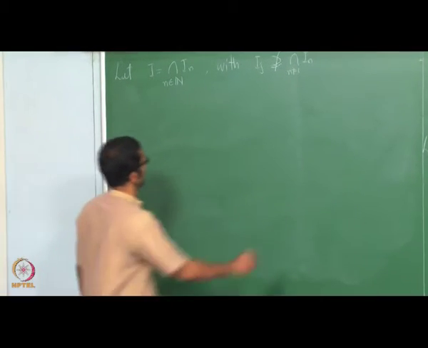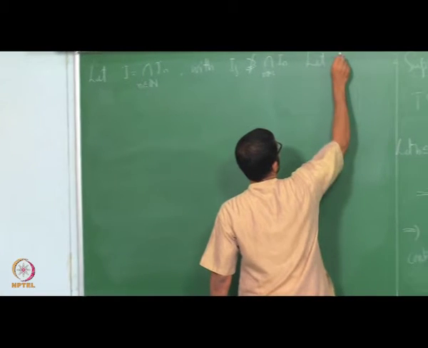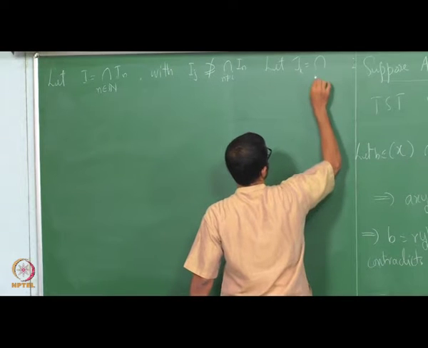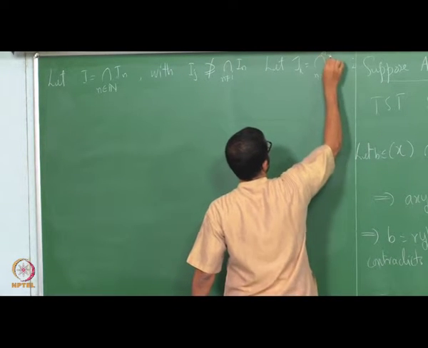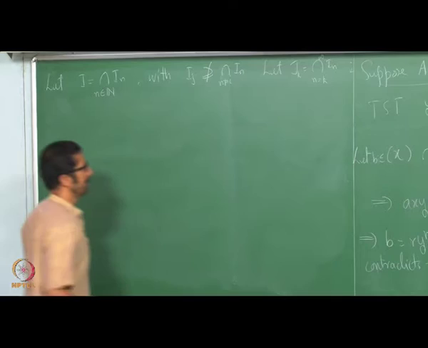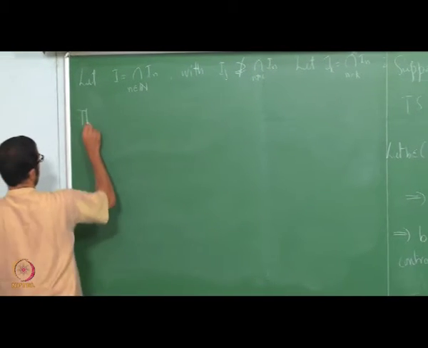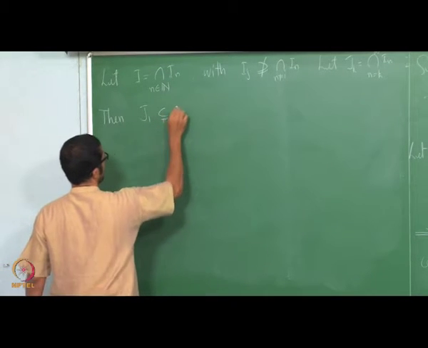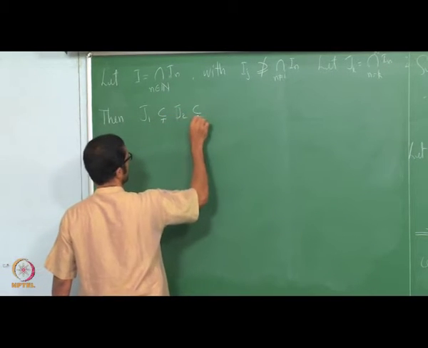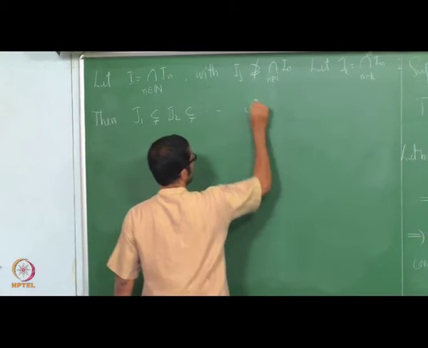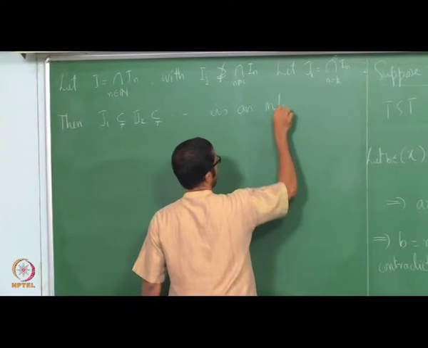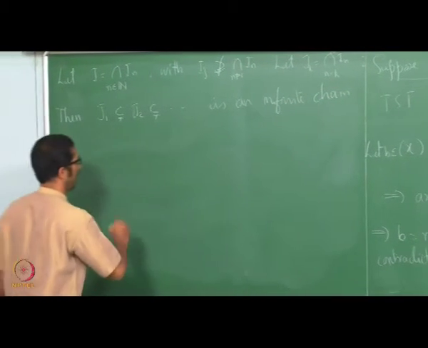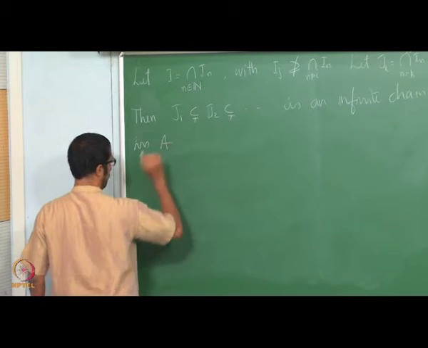Let J_k equal the intersection of I_n for n from k to infinity. Then J1 is properly contained in J2, properly contained in, an infinite chain in A, okay.